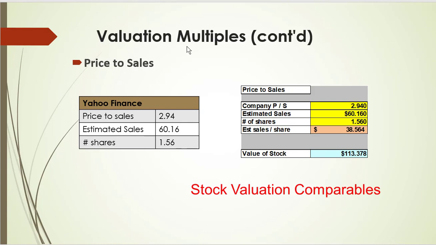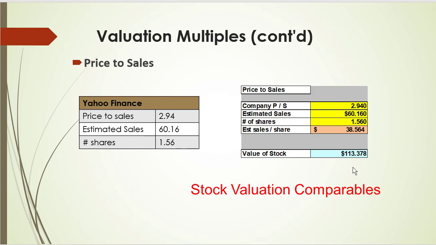What about other multipliers? Price to sales. Again, we have the company's price to sales ratio, which came from Yahoo Finance. Estimated sales, Yahoo Finance. Number of shares, we got that from Yahoo Finance. So this is saying that the value of the stock, using this multiplier, is $113.38.